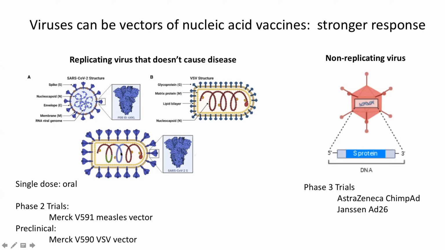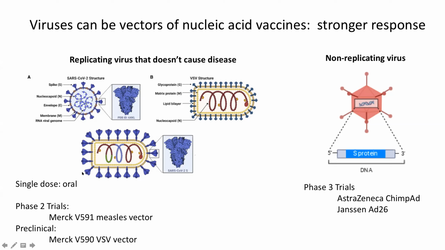And so they put the gene into the genome of this virus, and now the virus has the SARS spike on its surface instead of the VSV spike. And so again, it's an attenuated replicating virus, but it's going to have the SARS spike on its surface and no other genes from the SARS-CoV-2 virus.